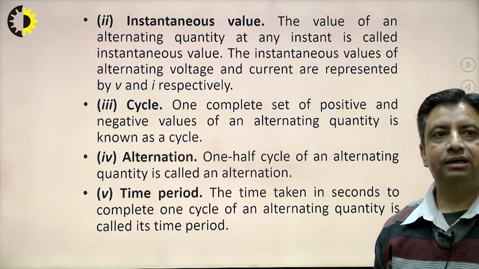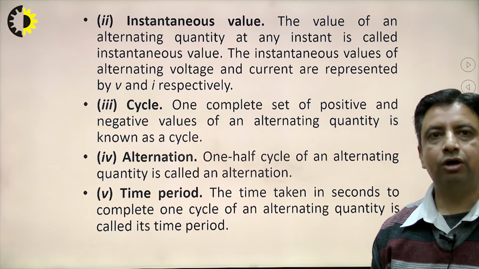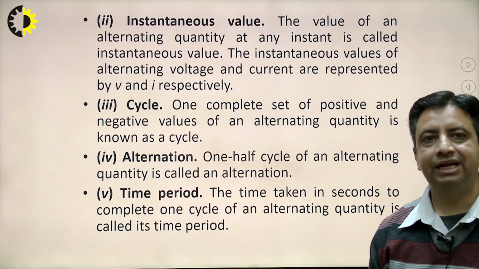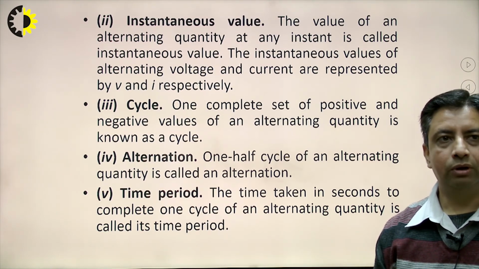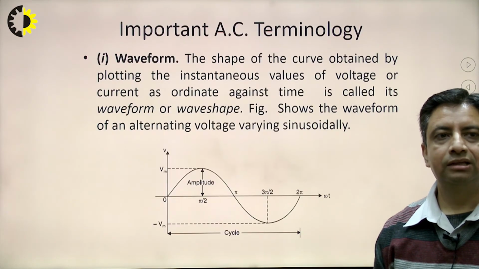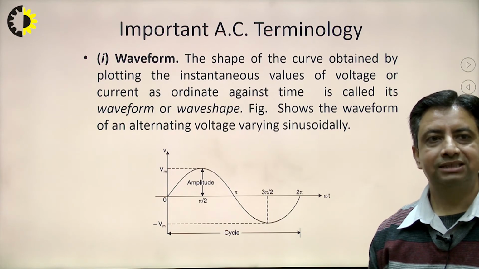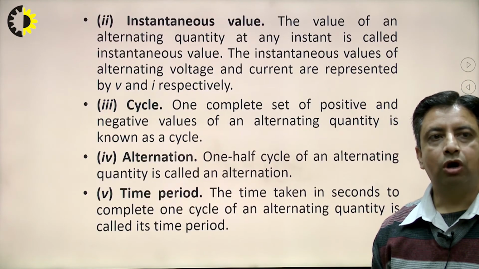The third term is cycle. One cycle is a set of complete positive and negative values of an alternating quantity. If we refer to this waveform, you can see that one set of positive and negative half completes one cycle. Next is alternation.